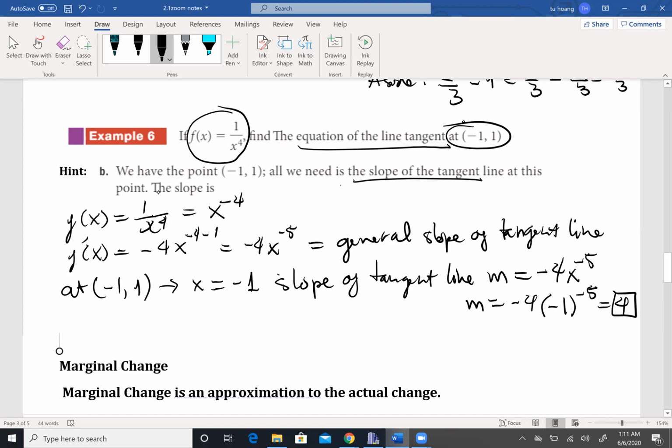Okay, now you have the slope of the tangent line already.